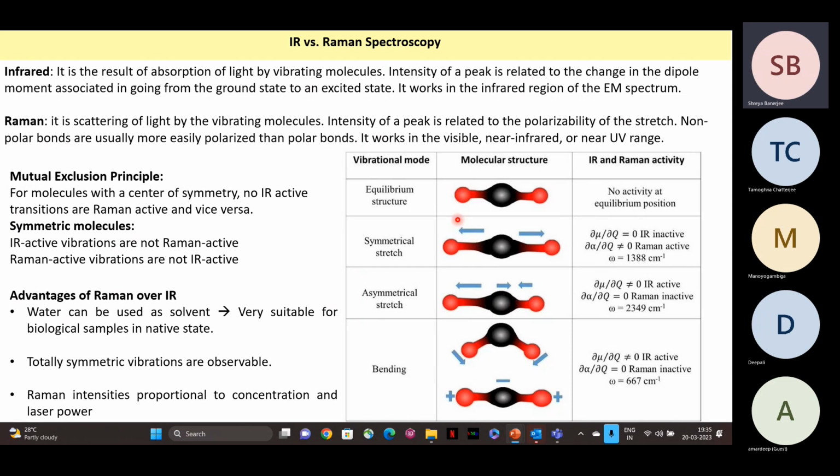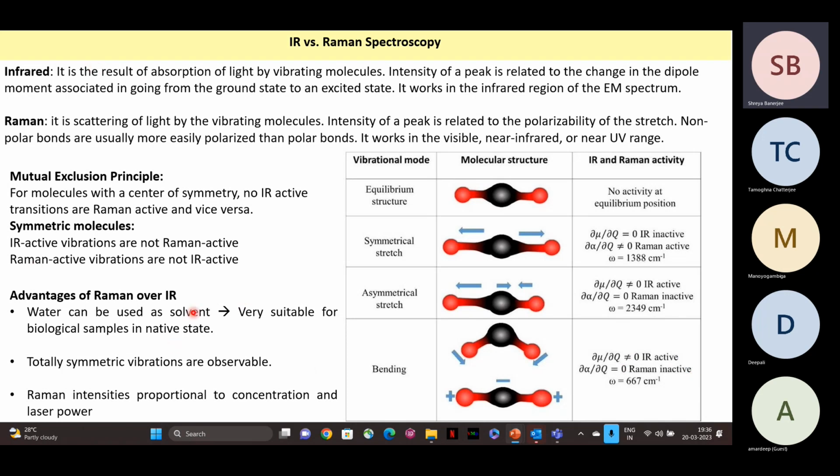Now, if there is a symmetric stretching, we learned that in symmetric stretching, the dipole moment is zero, so it is IR inactive, but it is Raman active. Then in asymmetric stretching, we studied that the dipole moment is changing, so it is IR active, and that makes it Raman inactive. Again, in bending, the dipole moment is changing, so it is IR active, and IR active means Raman inactive.